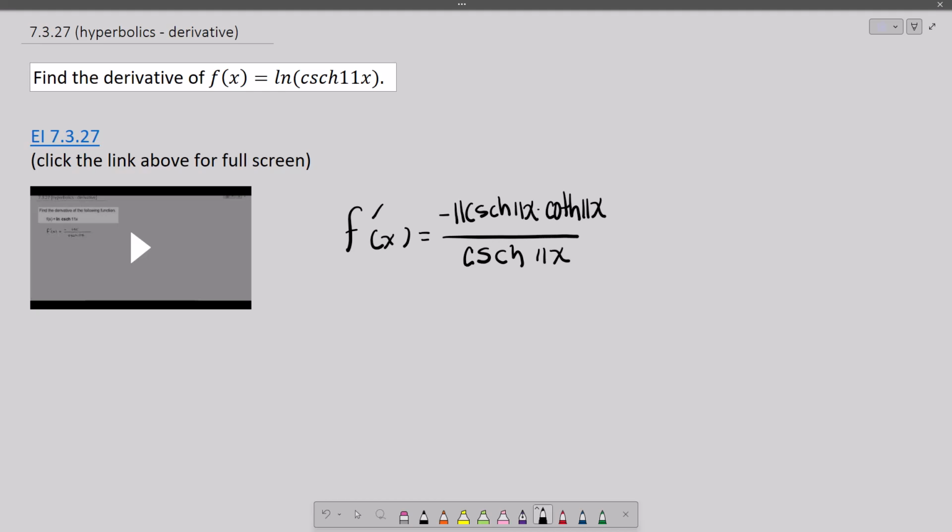And then we have a little bit of cancellation. We have a cosech 11x in top and bottom. So this will all reduce to minus 11 cotanh of 11x.